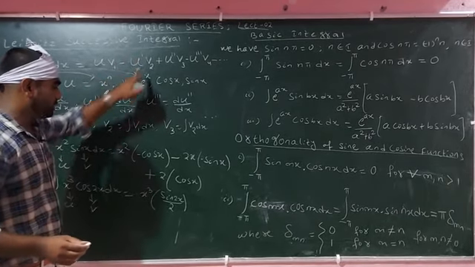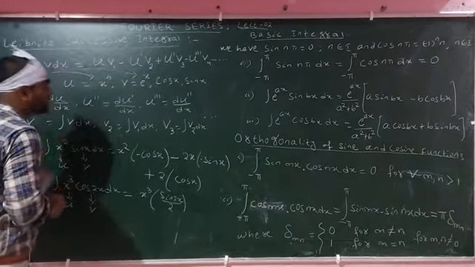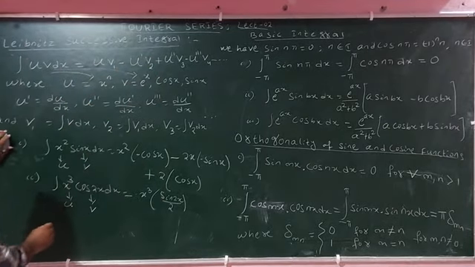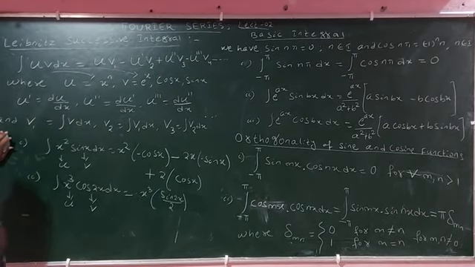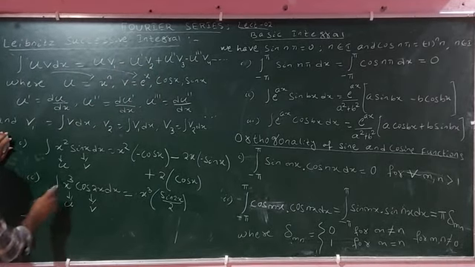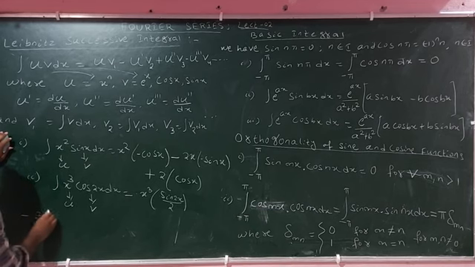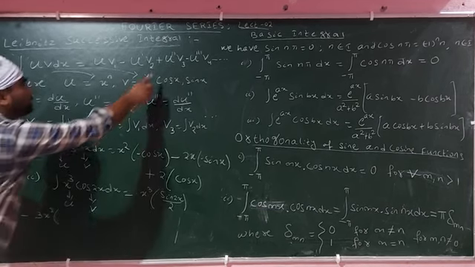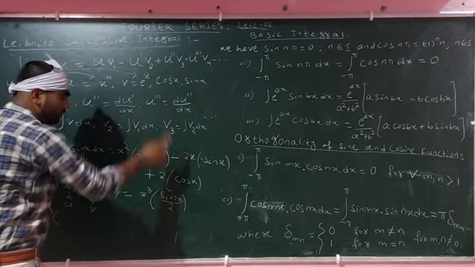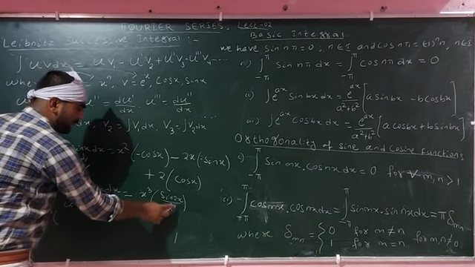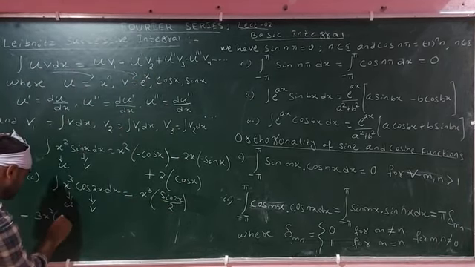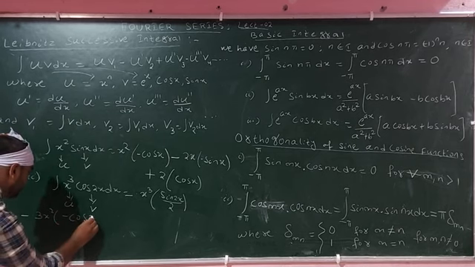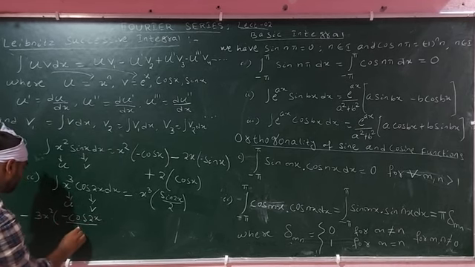Minus u' v2: u' is the derivative of x cube, that is 3x square, and v2 is the integration of sin 2x by 2, that is minus cos 2x divided by 4.